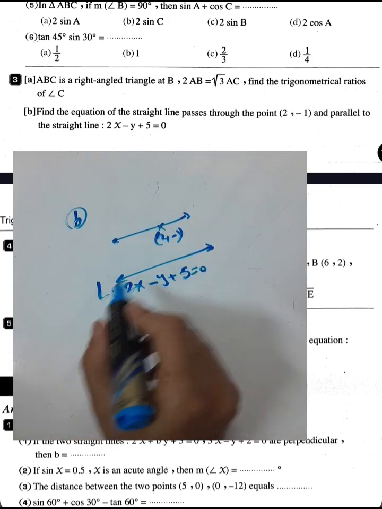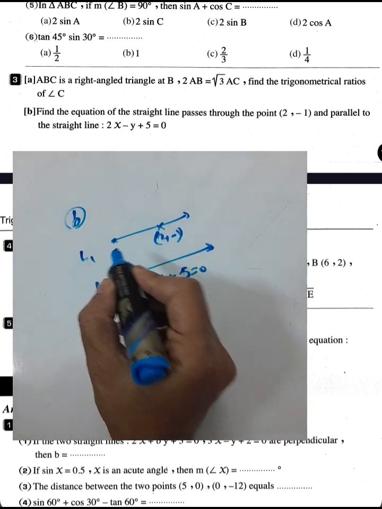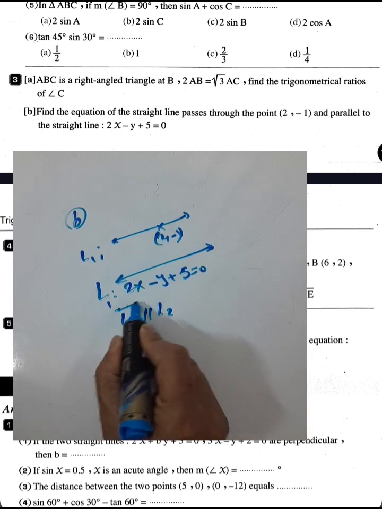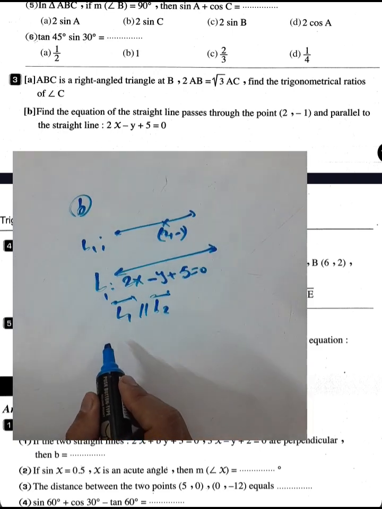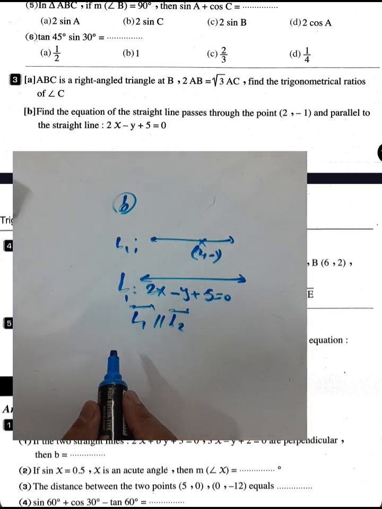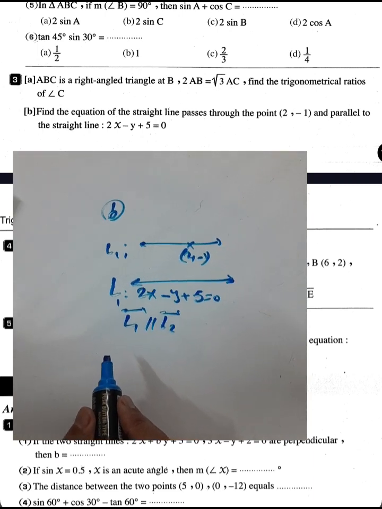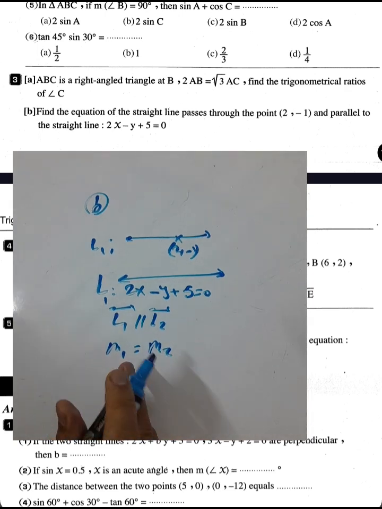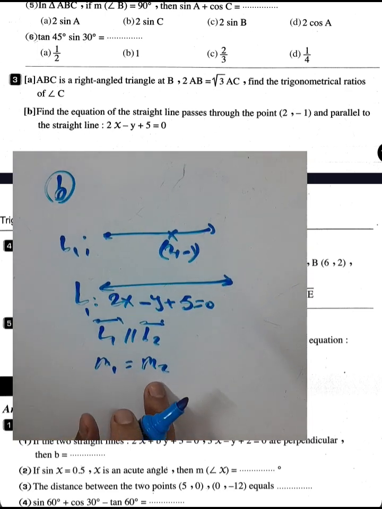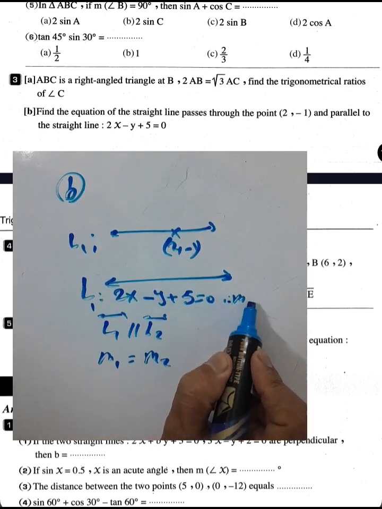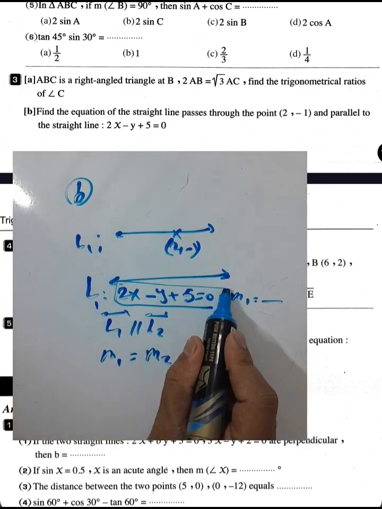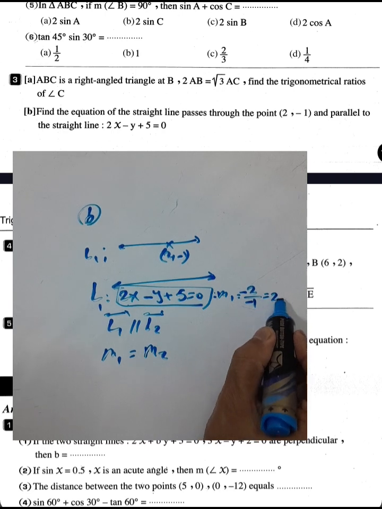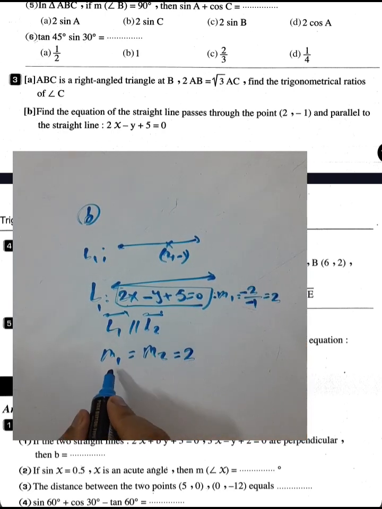We have two parallel straight lines, then L1 parallel to L2 means slope of L1 equals slope of L2. M1 is the slope of L1 and M2 the slope of L2. We can find M1 here, negative coefficient of x over coefficient of y. Coefficient of x here is 2, negative 2 over coefficient of y, the result will be 2. Then the slope will be 2.